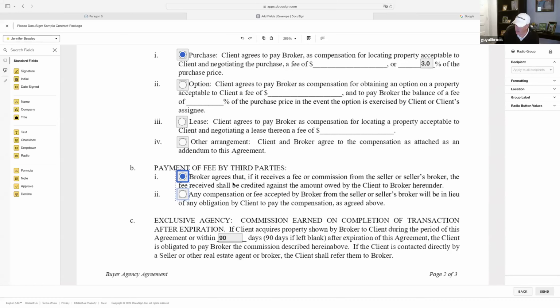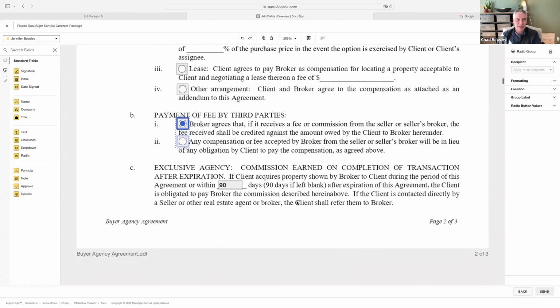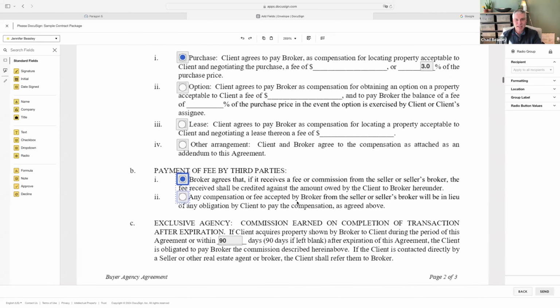So I think it'll take care of itself. I think most sellers are savvy enough to understand that the market is going to respond better to their product if they are offering competitive compensation to the buyer's agent. That's just my thoughts on it. I might be totally wrong, but that's the way I view it today.